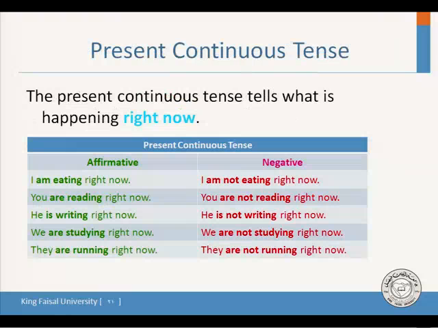Now, let's move to the present continuous tense. We use the present continuous tense to talk about what is happening now. It's not like the present simple in the previous slide.